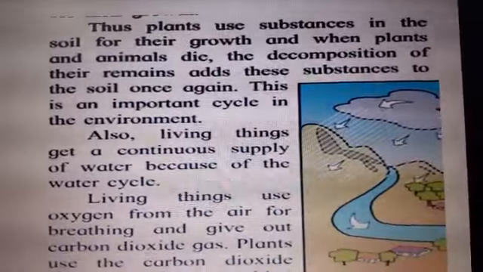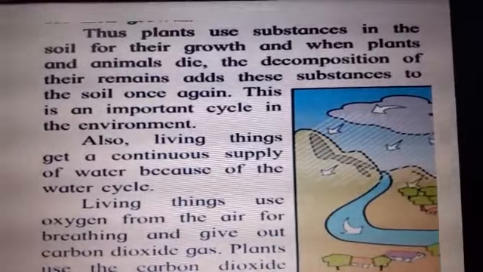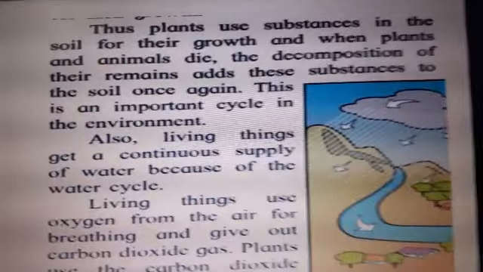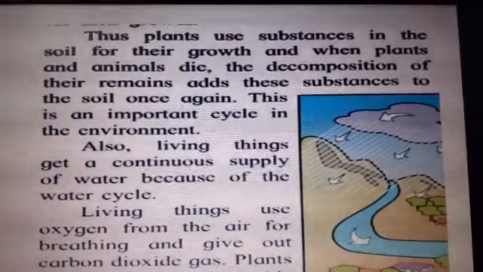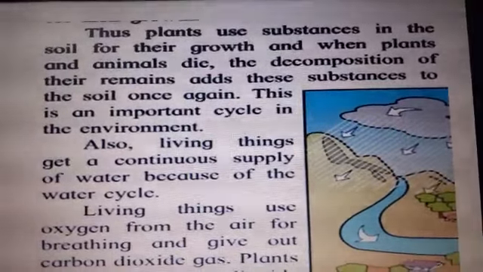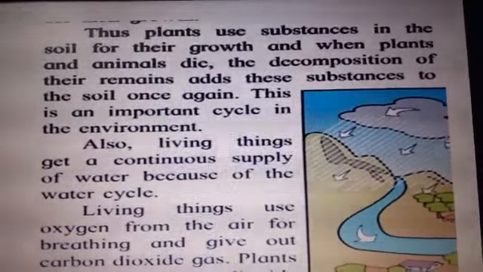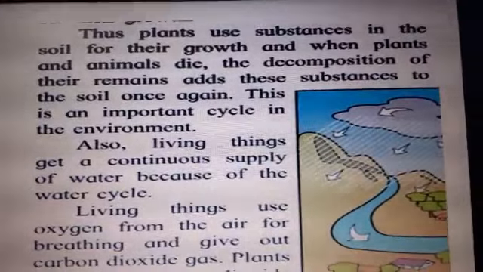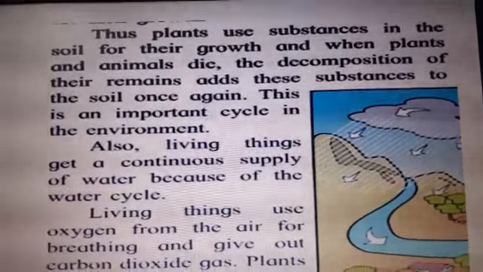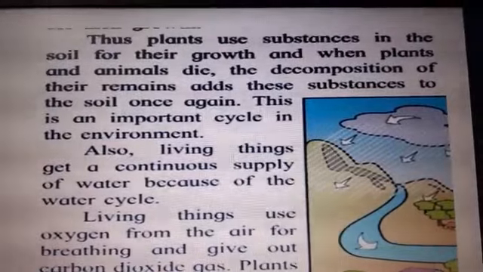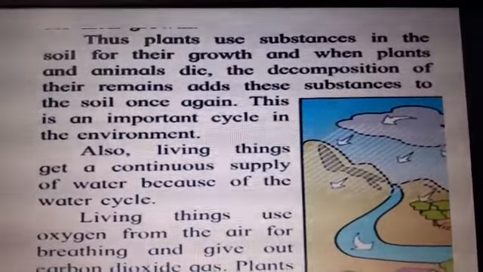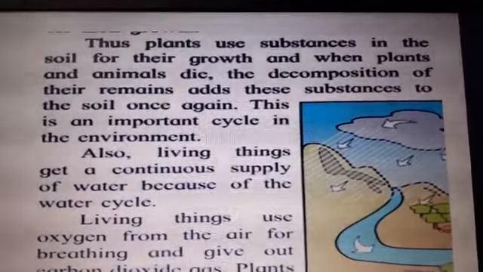Let's continue. Thus, plants use substances in the soil for their growth, and when plants and animals die, the decomposition of their remains adds these substances to the soil once again. You all know, children, what we do when an animal dies. We dig a pit, and in that the body is buried.